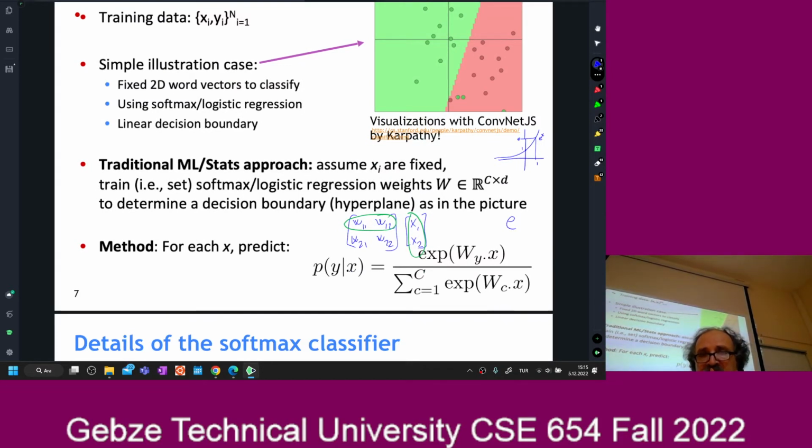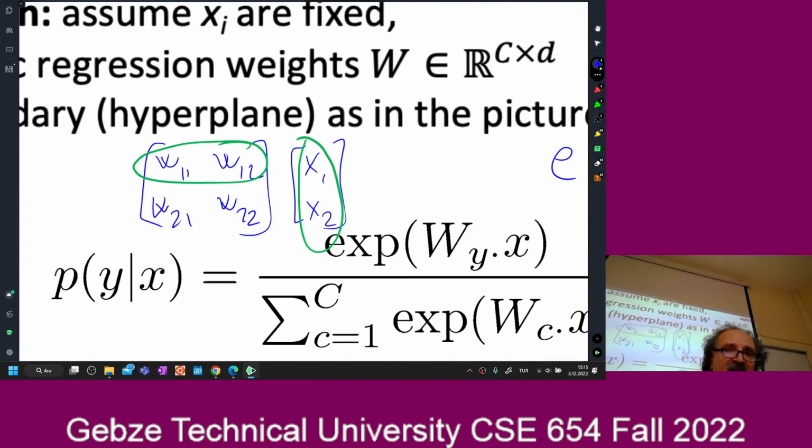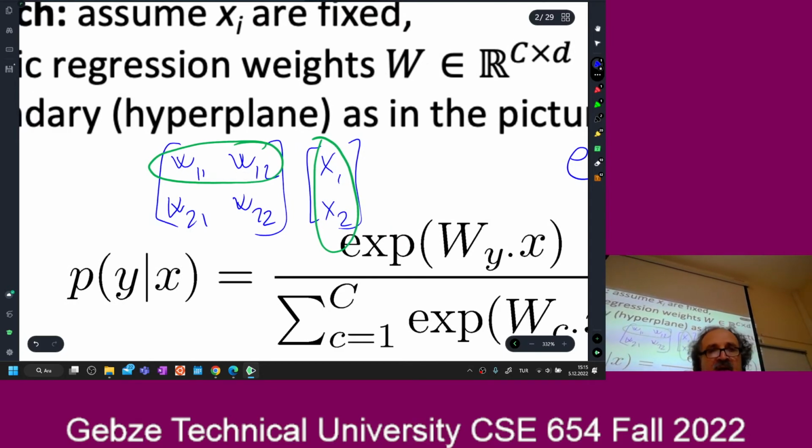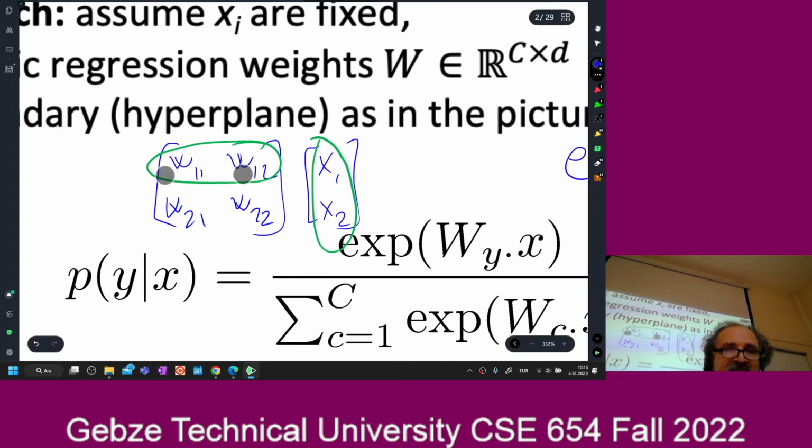So usually this is what we do to deal with this problem. We have, let's say, 2 classes, yes class and no class. For each class, I produce these 2 numbers, W11 and W12, class number 1, 2 weights.